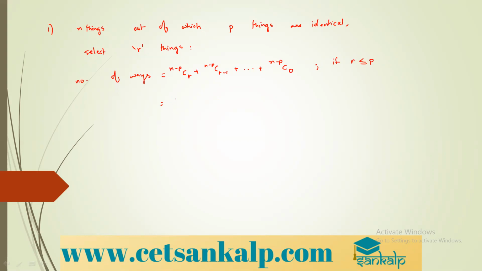Whereas the other formula is (n-p)Cr plus (n-p)C(r-1), and so on. It goes up to (n-p)C(r-p). This will happen if r is greater than p. There are two formulas. Okay.